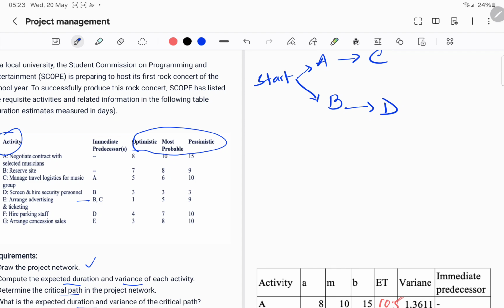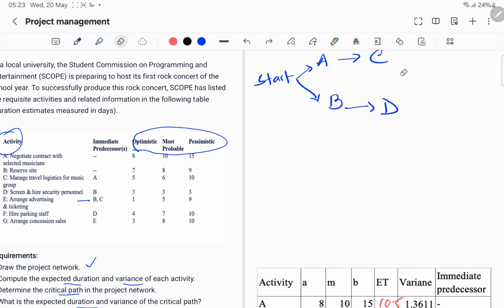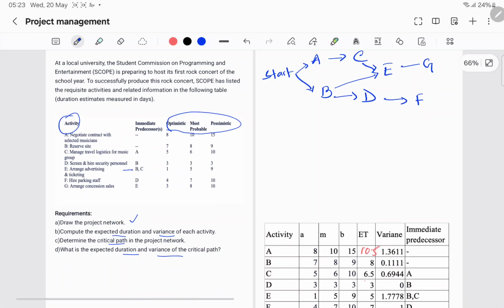So activity E, we will write activity E here, is dependent on B and C. Okay, and then activity F is dependent on D, and activity G is dependent on E. That's all.